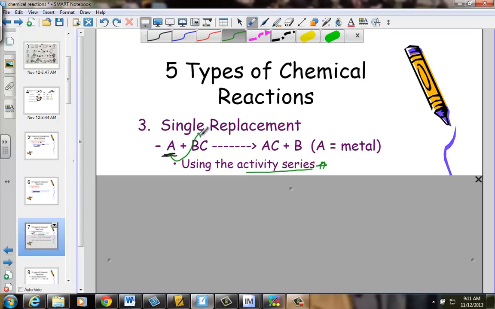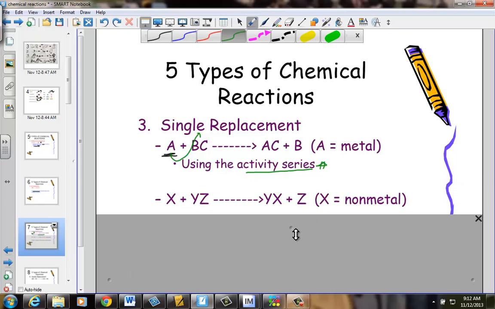If A replaces B or displaces or exchanges place, we form a new compound, AC, and B. B has been displaced or replaced with the element A. One of the two patterns of single replacements. If A is represented as a metal, A displaces B, making a new compound AC, leaving the element B by itself.